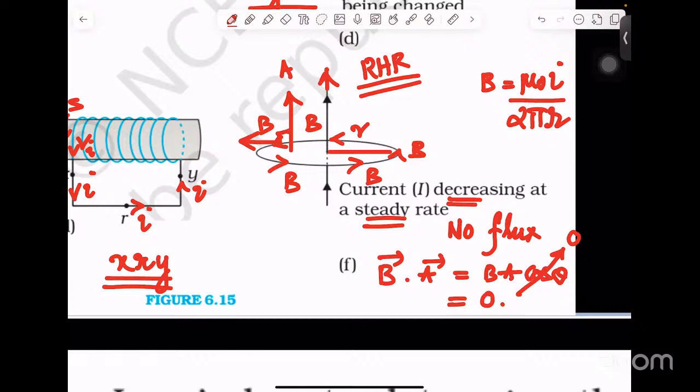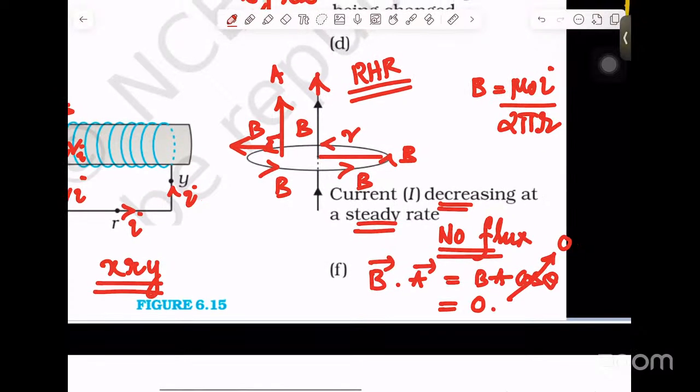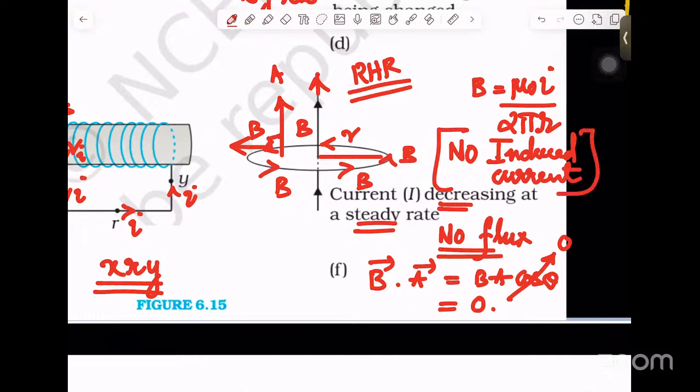Okay, so no flux. There is no flux which is passing through the plane of the loop. Hence, in this case, there is no induced current. Okay, there is no induced current in the loop.